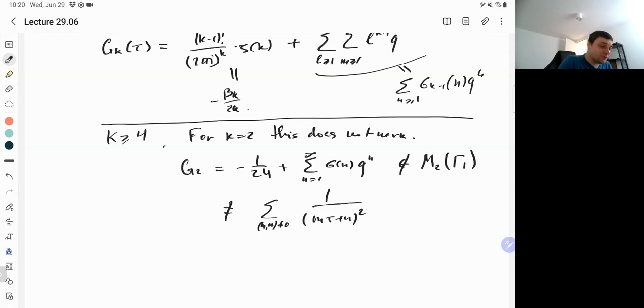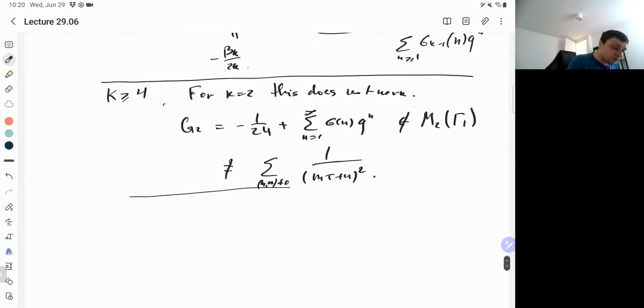And when you look at the proof, at some point we change the order of summation, so that breaks modularity. G_2 is a very important object. It's not modular, but it's close to being modular.